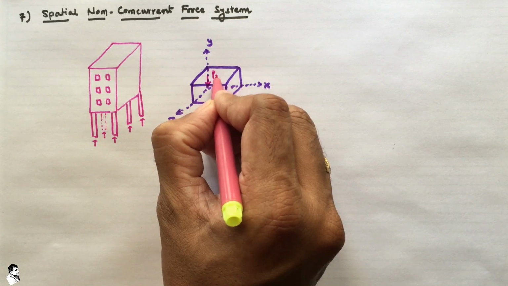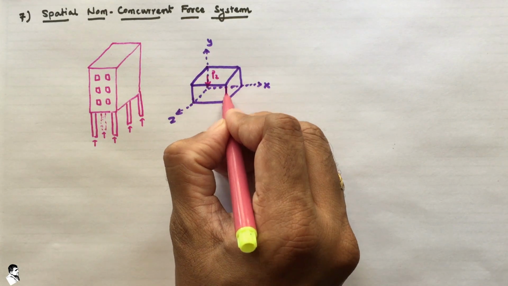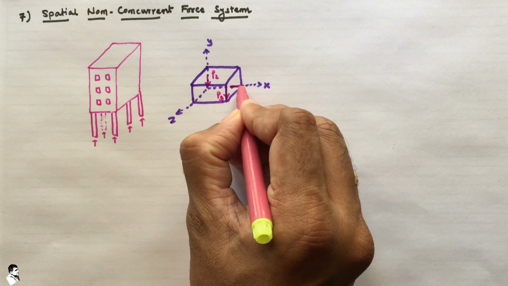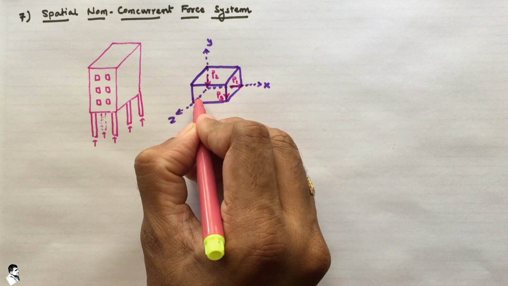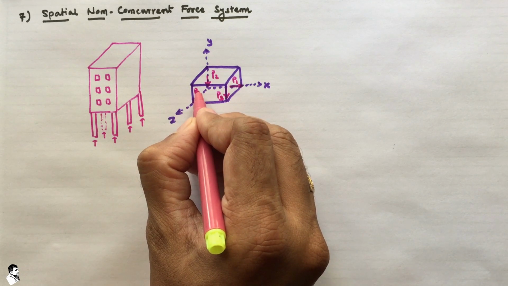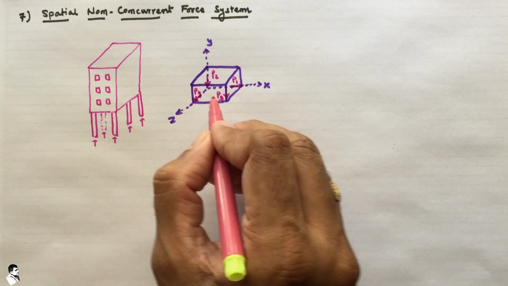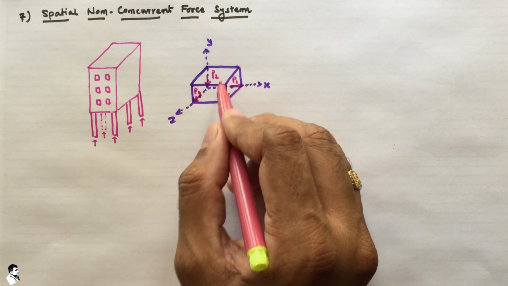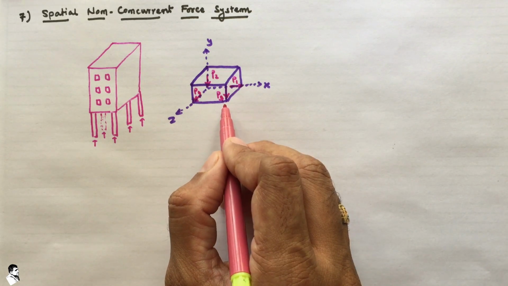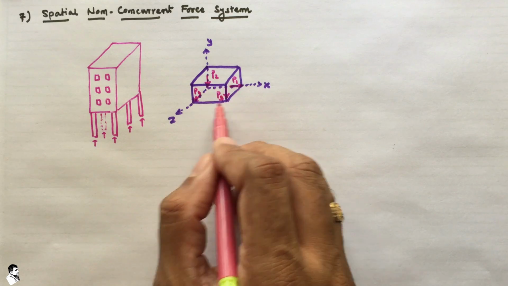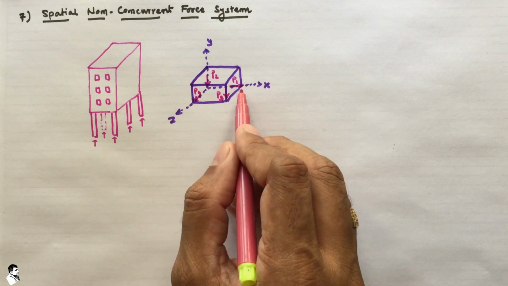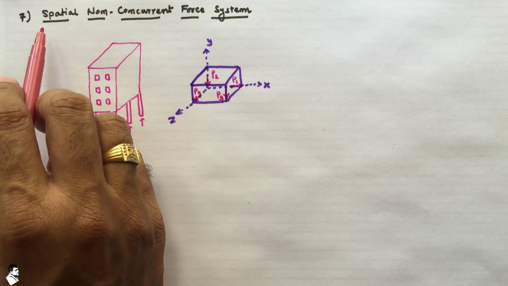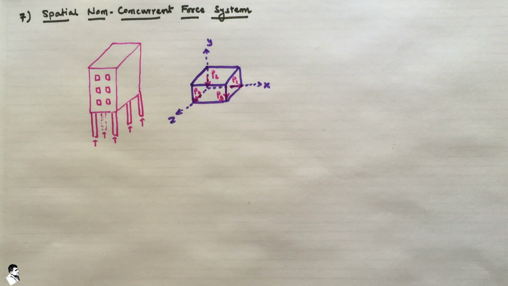So this force is, let us say, P2 force. Here that is P3 force. Here you take P1 force. Here you take P4. So there are again a number of forces applicable in different plane, but they are not meeting at the same point. So that's why this is a best suitable example of spatial non-concurrent force system.